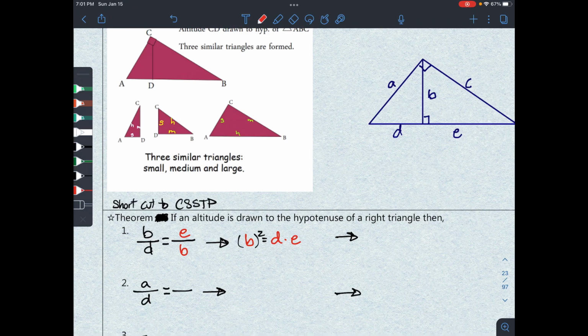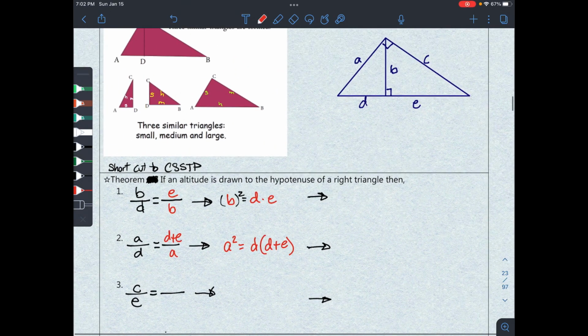So for example, I would have D plus E over A. So I have A squared is equal to D times D plus E. Again, looking back at the triangle, we have A squared is equal to D times D plus E. Similarly, we can set up side C is to E. So now I'm looking at the medium triangle and the hypotenuse and the long leg.